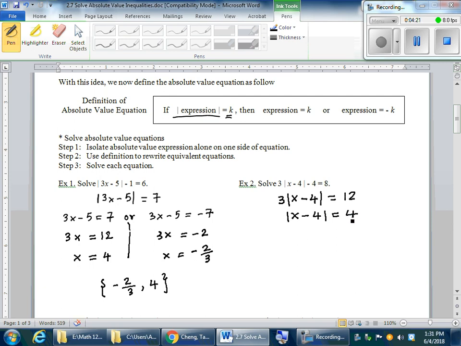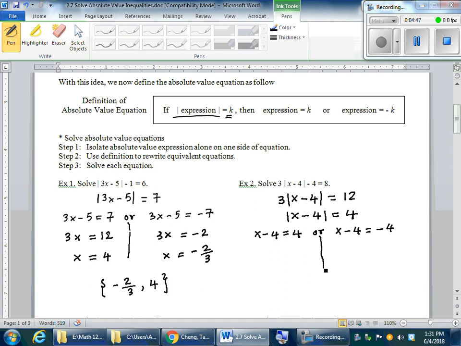And finally, we can apply the definitions of absolute value, which is rewriting the equivalent statement that tells us x minus 4 is equal to 4, or x minus 4 is equal to -4.